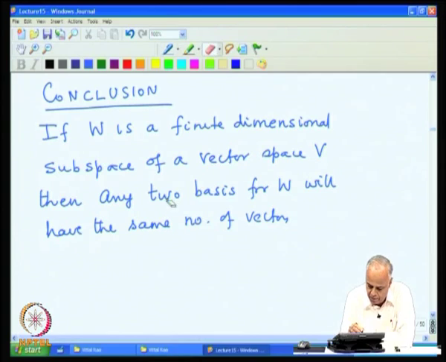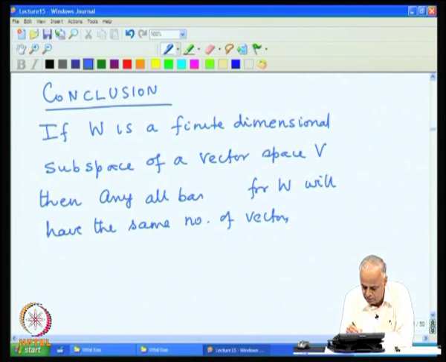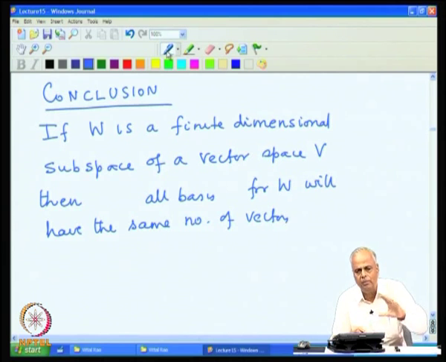Or we can say all bases for W will have the same number of vectors. So, if W is a finite dimensional space, no matter which basis you pick, if you see how many vectors there are, say 10, and you go and look at any other basis, that will also have 10 vectors, any other basis will also have 10 vectors, and so on.